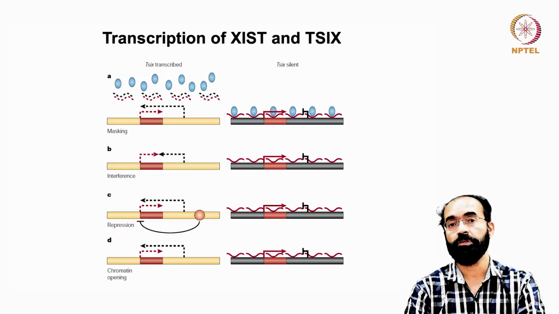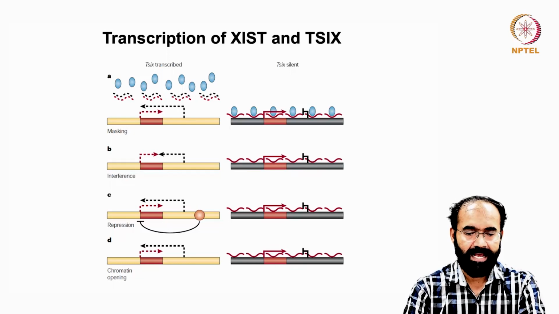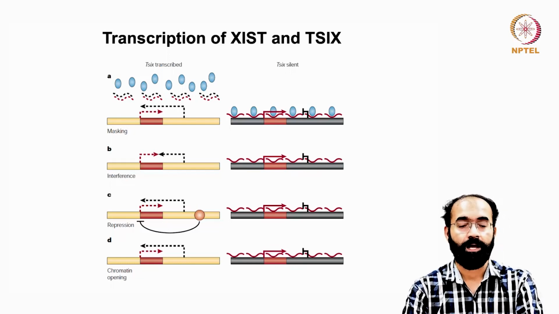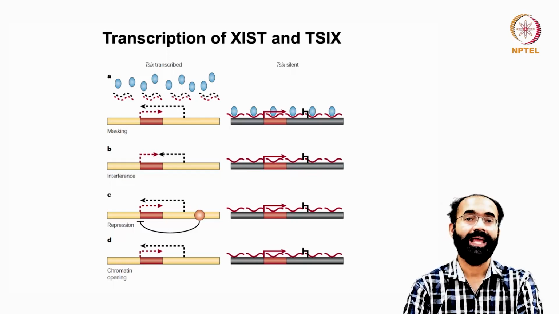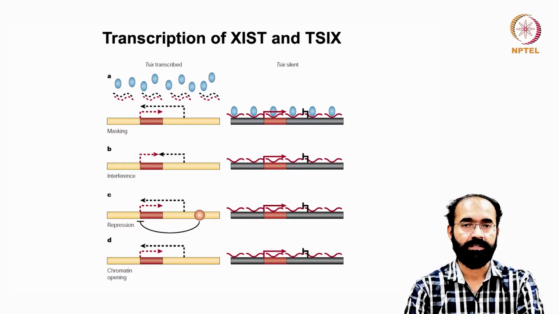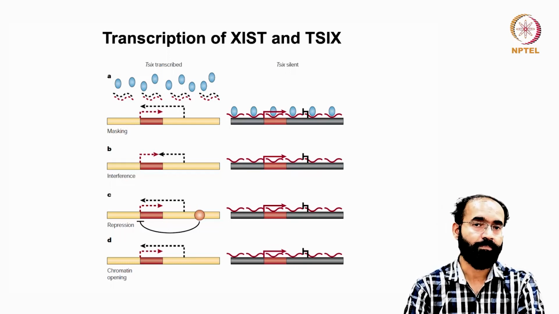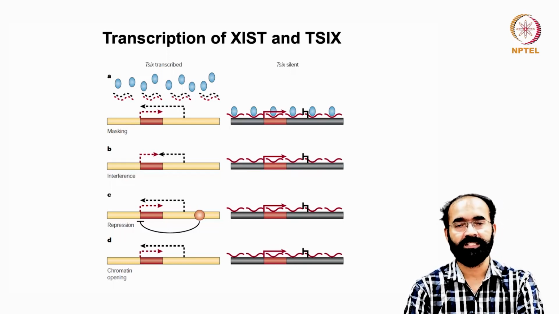It will be sequestered by this inhibition, and then also by chromatin opening. Whether or not the region responsible for the transcription of X-cyst is allowed to open. First of all, chromatin has to be removed, or loosened, or remodeled. That is called remodeling of chromatin for accessing the DNA for the RNA polymerases, so that gene expression can take place.